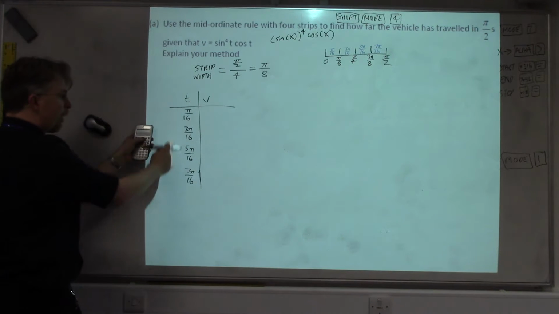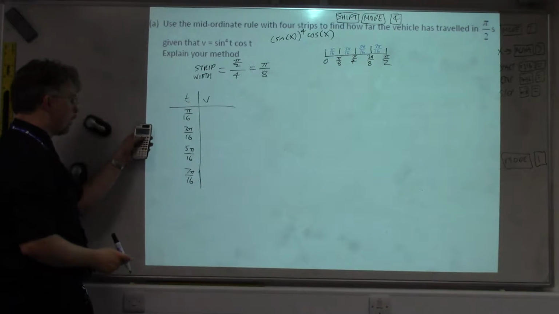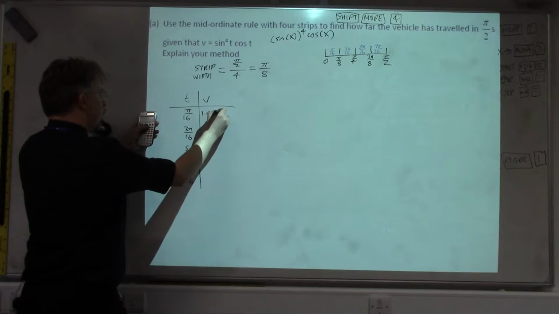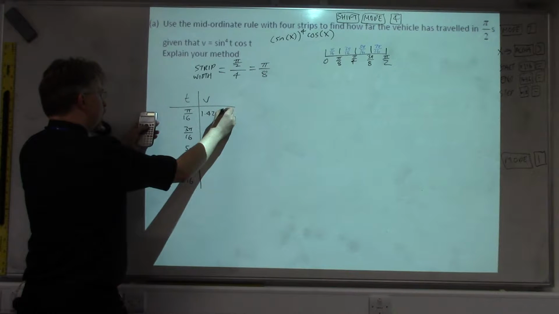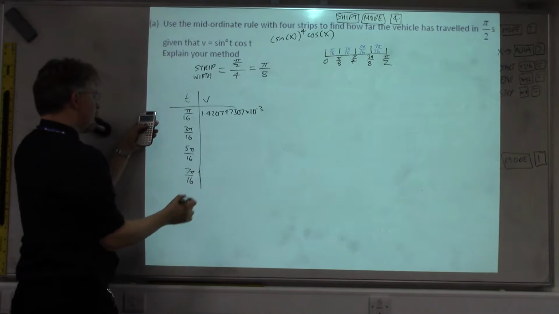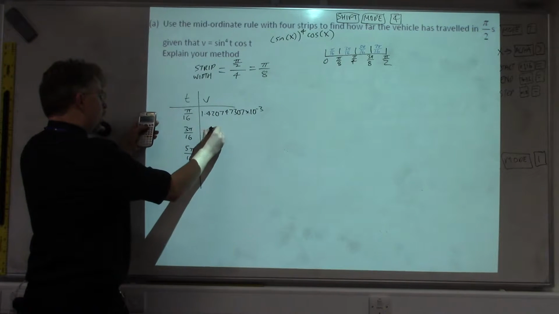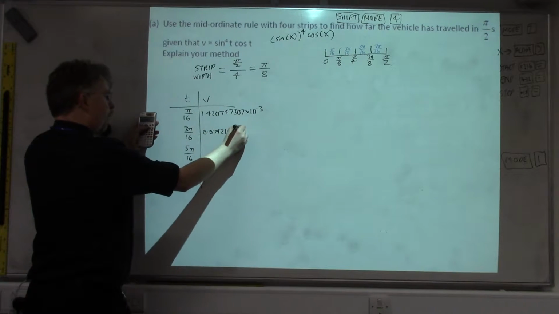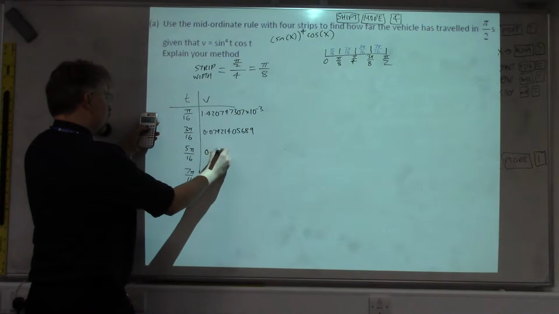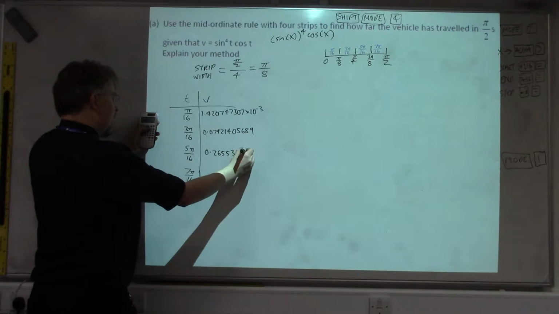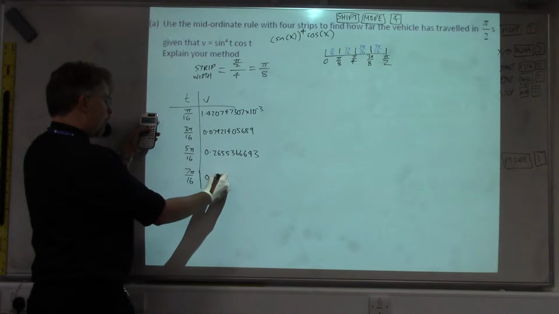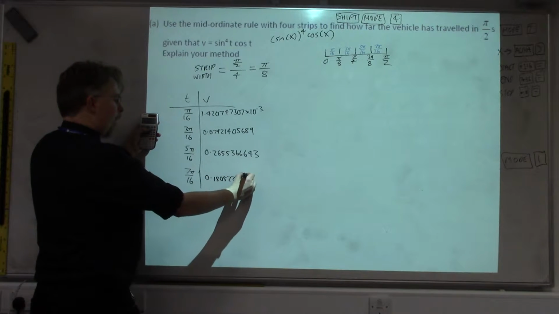In our table, the values in the x column are the t values, just as decimals. We're interested in the other ones. 1.420747307 times 10 to the minus 3, 0.07921405689, 0.2655366643, and finally 0.1805225597.